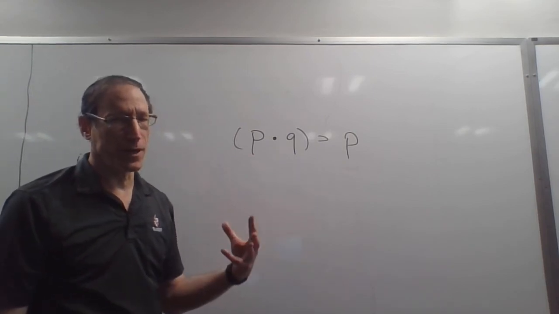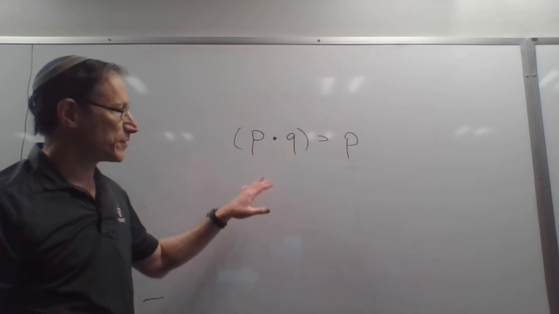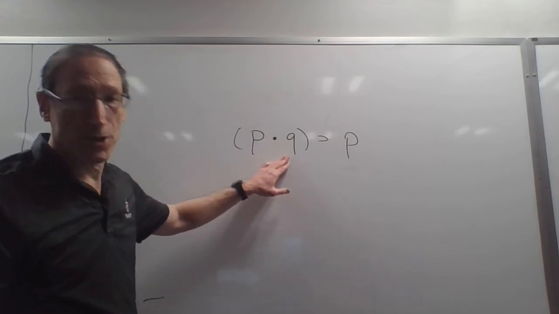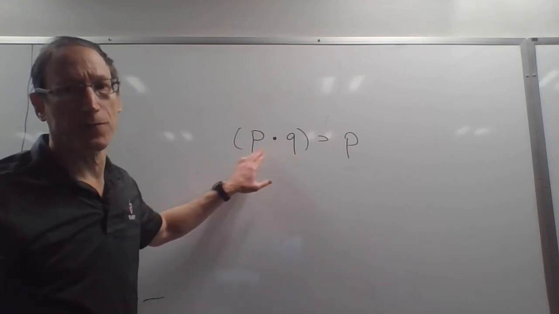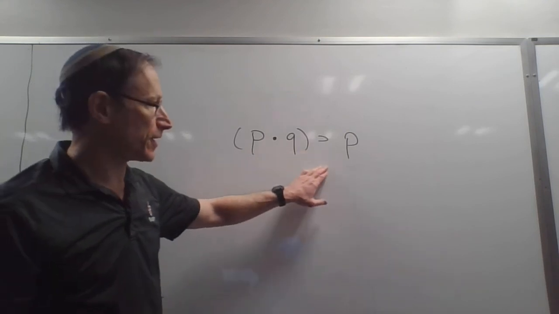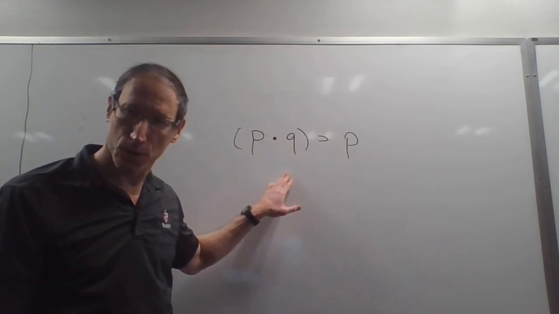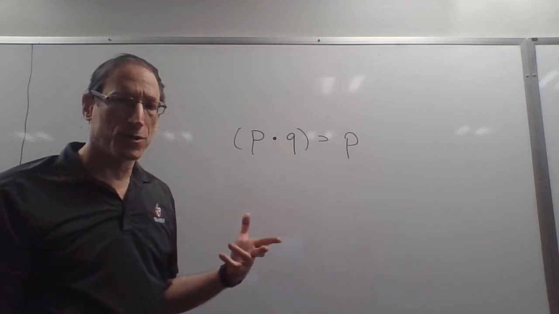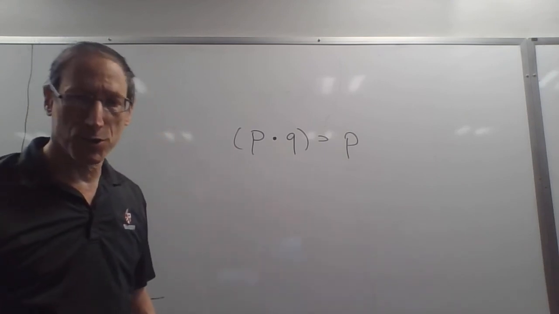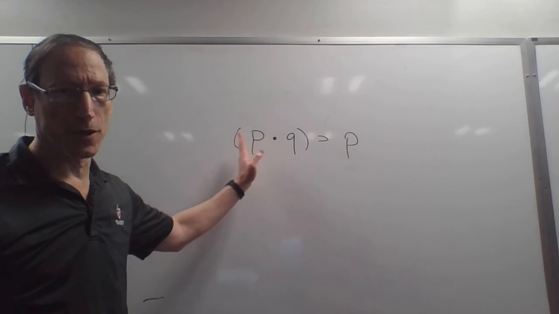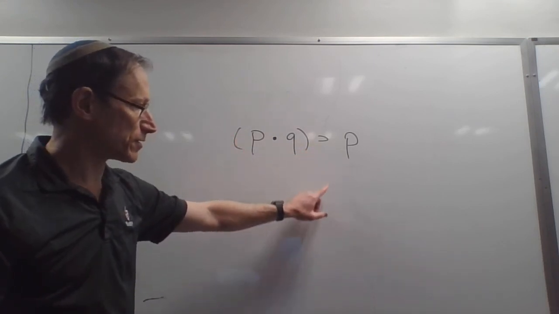I mean, if you think about it, it's logical. This is saying if P and Q are true, then P is true. So that should always be true. I can demonstrate that it's a tautology by doing a truth table for the whole thing and showing that under the major operator, it's always going to come out true.